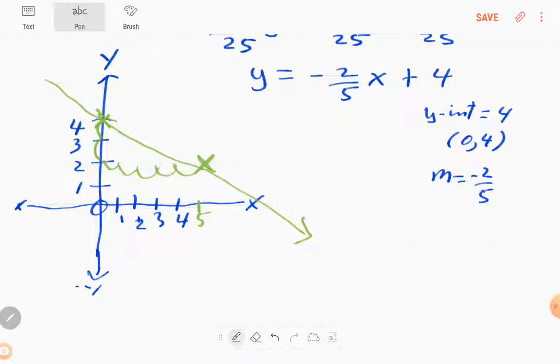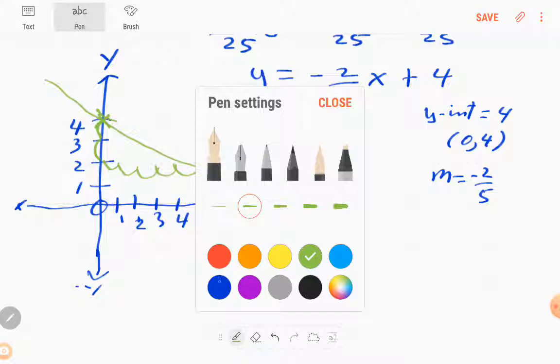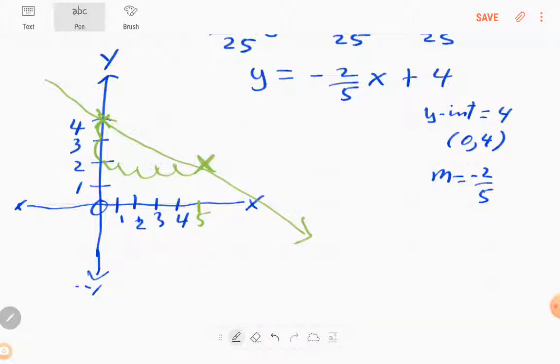Another thing that you could do: observe that we started with (0, 4), and the numerator represents the change in y. So we change y by minus 2, and our change in x is 5.